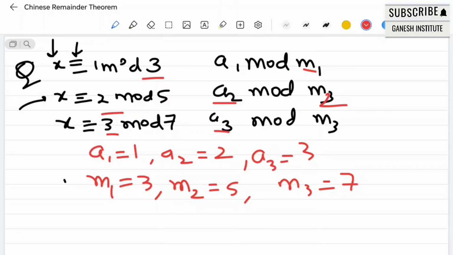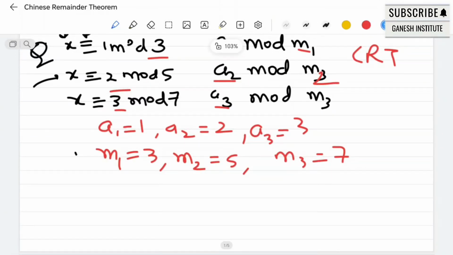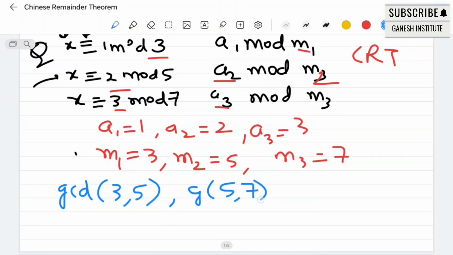Now the first condition to check whether the Chinese remainder theorem, that is CRT, is applicable or not: you need to see whether the GCD, that is greatest common divisor, of m1 m2, m2 m3 and m3 m1 is 1, that is, whether these are relatively prime or not.